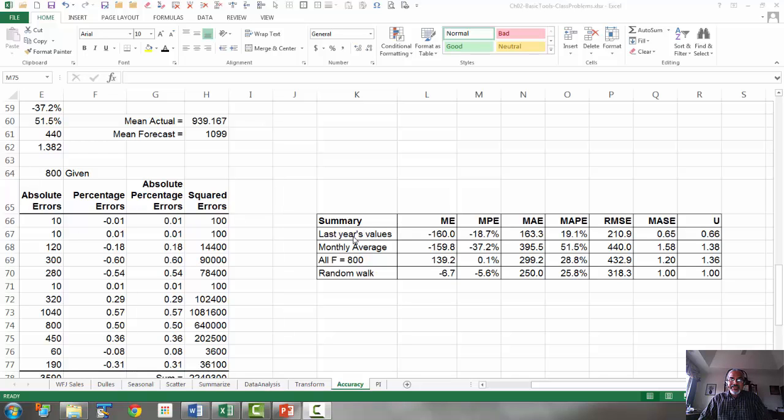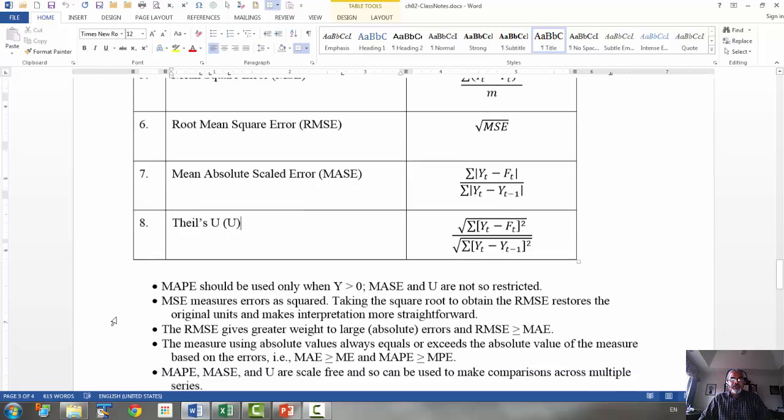So last year's values, okay, that gives us smaller forecast errors compared to random walk, but having a constant monthly average as your forecast does poorly compared to random walk.